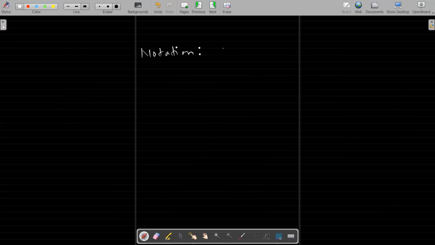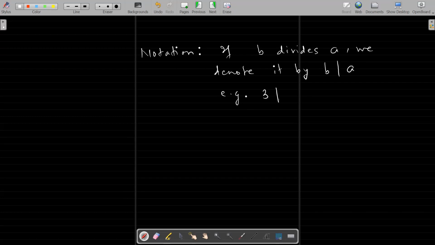If B divides A, we denote it by B, the vertical line, A. For example, 3 vertical line 12, and this does not mean 3 by 12 or even 12 by 3.